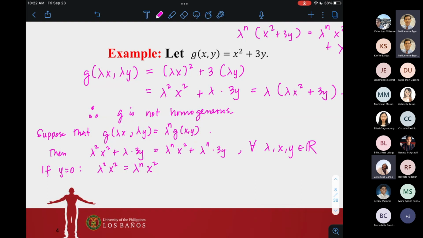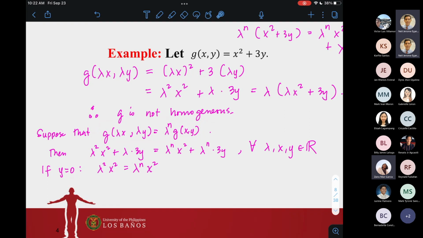So I can do this. This is what we call universal instantiation. It's true for all y, so I can give a specific y. To illustrate the absurdity of this assumption, I will replace y by 0.